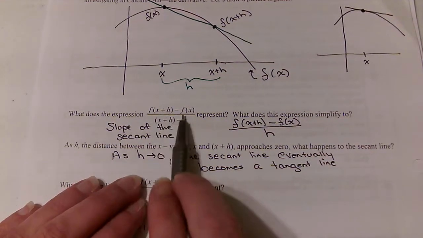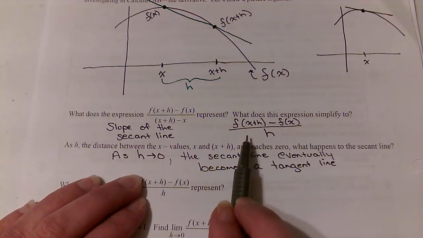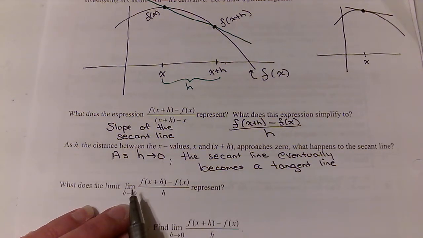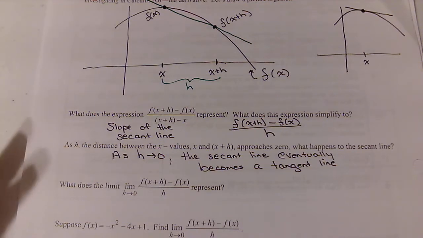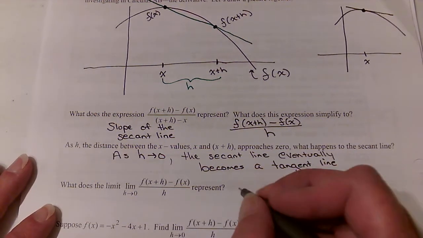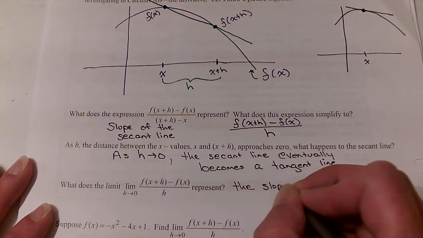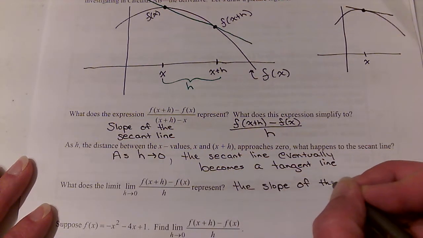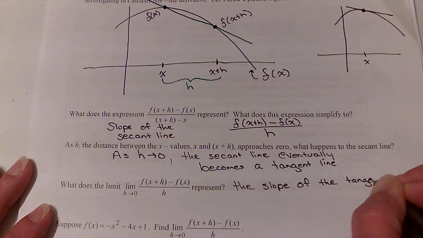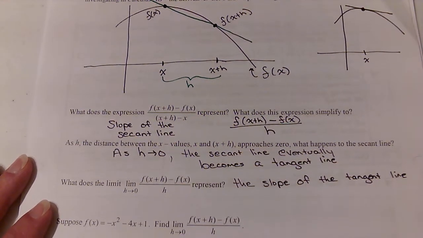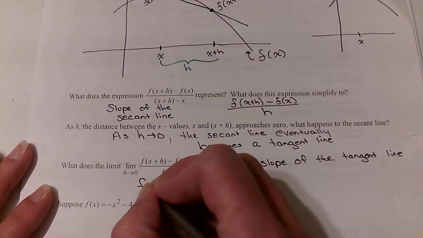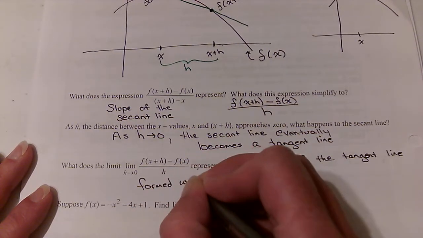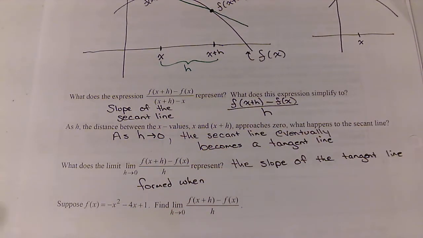So if we took this slope of the secant line, which I could rewrite like this, and, oh, sorry, my computer's making noises, and see what happens if we say the limit as h approaches 0. What we're finding is the slope of the tangent line formed when those 2 points become the same point.